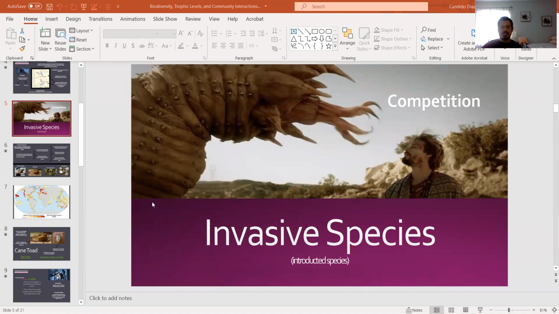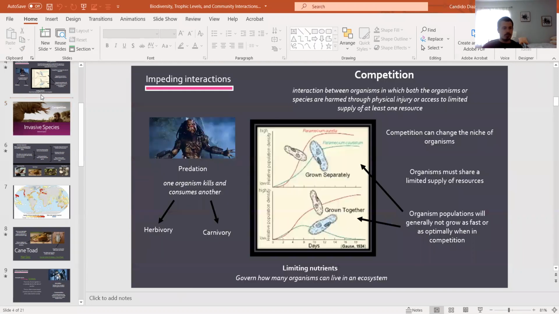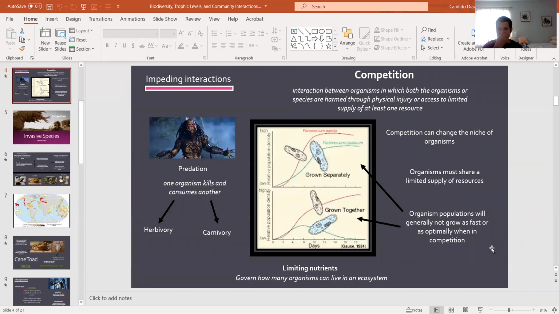So in terms of invasive species, I was just trying to get at the idea that in these environments, you have organisms that are allocating resources to different things. They are attempting to produce as much as possible. And that's going to come into conflict because there are limited nutrients, right?